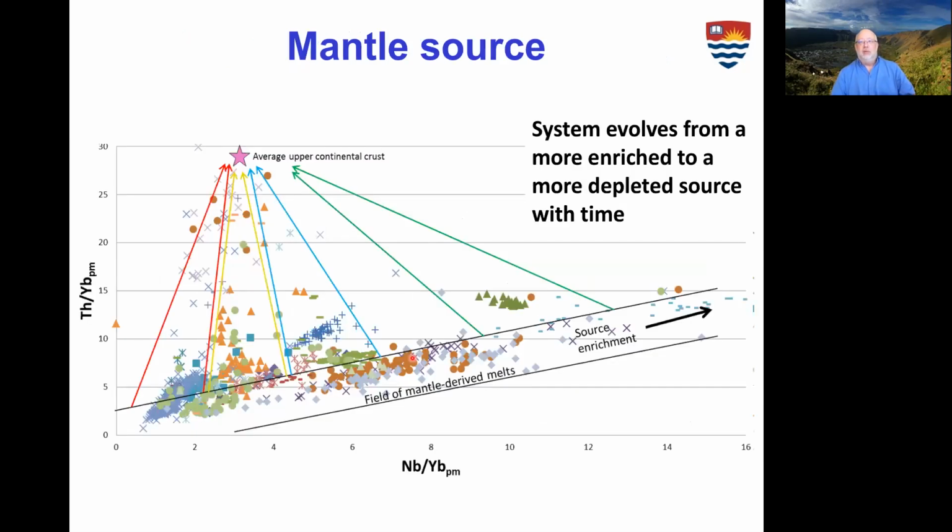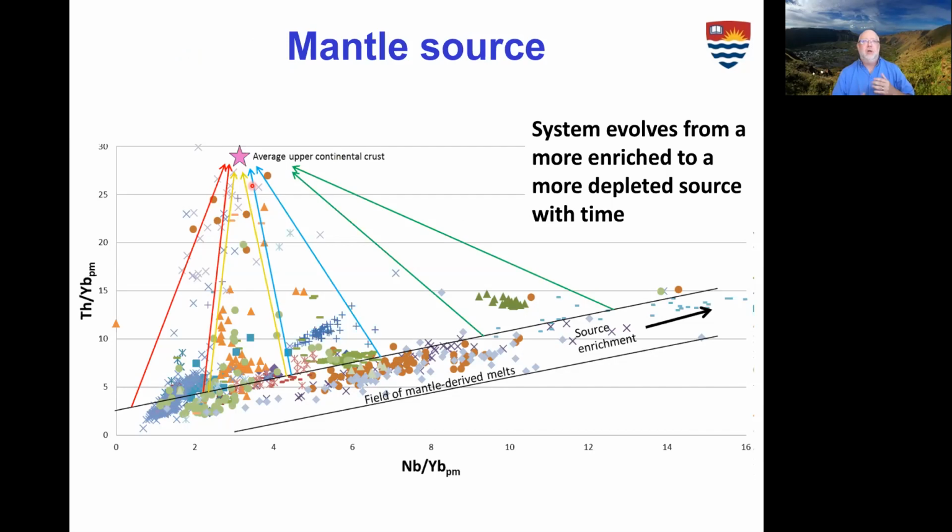This is some of the work that Rob Kandari did for his master's thesis, and it is being written up at the moment. Just looking at the geochemistry, plotting it out on one of these classic mantle source diagrams, what it seems to be telling us is that there is both a trend towards contamination, but there also seems to be a trend from more enriched material to more depleted source material over the evolution of the rift.